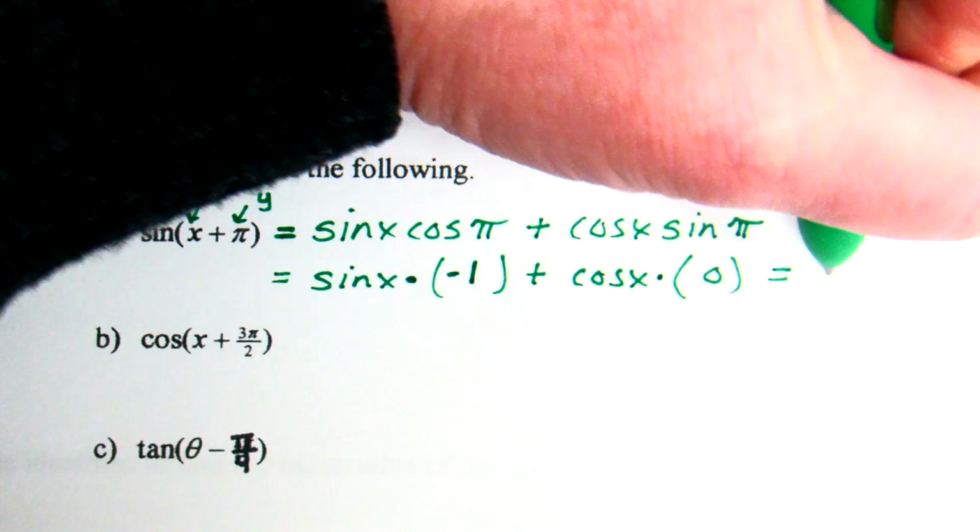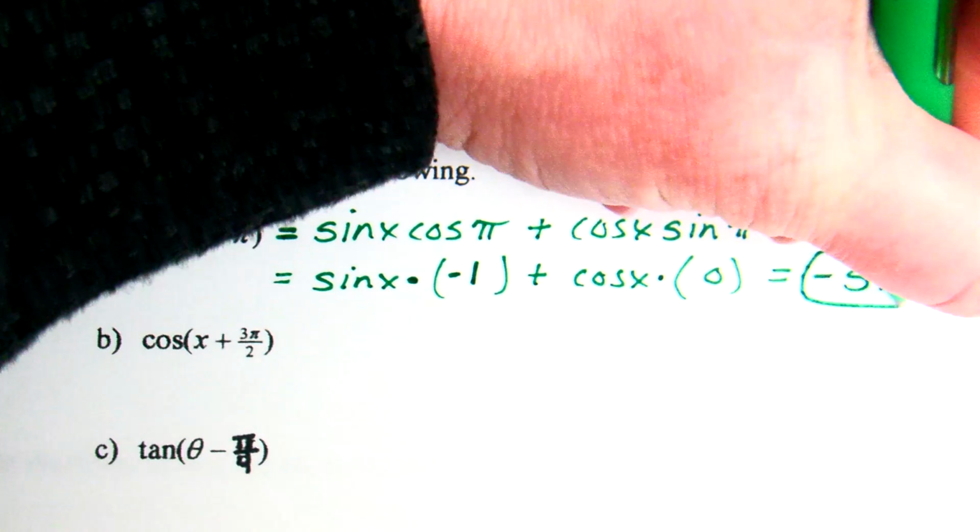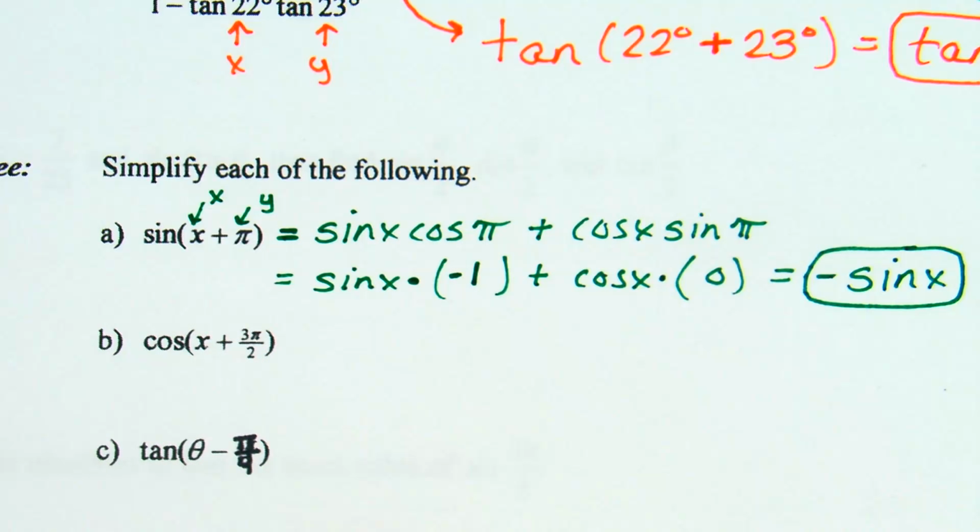Cosine x times 0 is going to be 0. Sine x times negative 1, negative sine x. That wasn't horrible, was it? Questions on that before we do B?